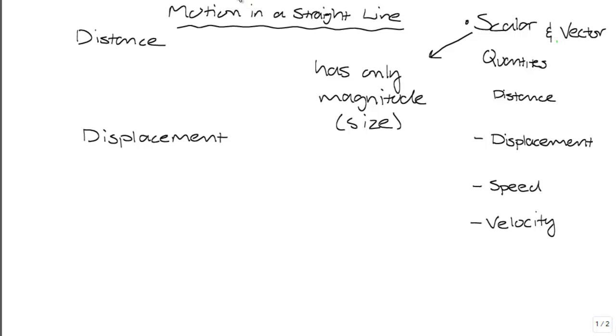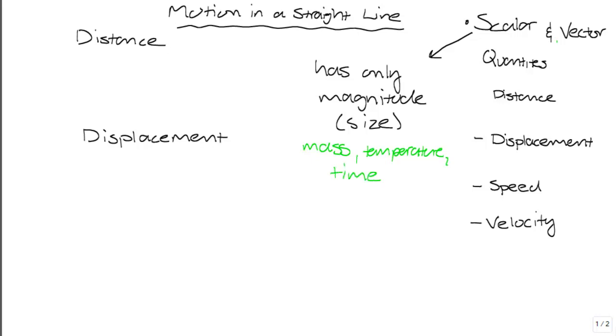Examples of scalar quantities are mass, the mass of an object, which only has a size, temperature, which only tells you how hot or how cold the object is, and time.